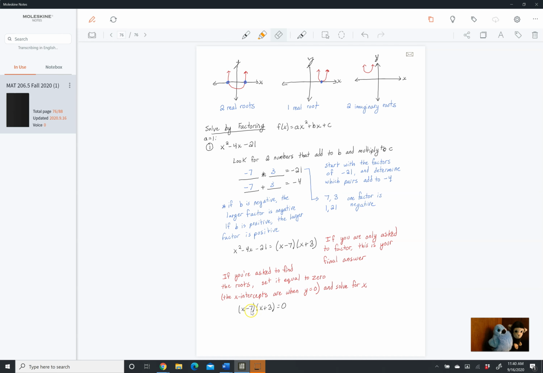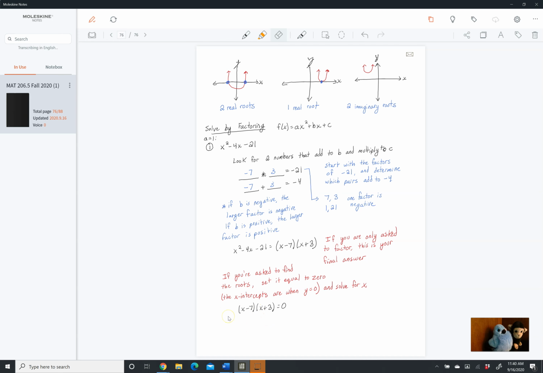So that means if x minus 7 is 0, this whole thing is 0, because 0 times x plus 3 is 0. If x plus 3 is 0, then again, the whole thing is 0 because 0 times x minus 7 is 0. So it doesn't matter what x minus 7 gives you, because we already know that x plus 3 is 0. Okay, so 0 times anything is 0.